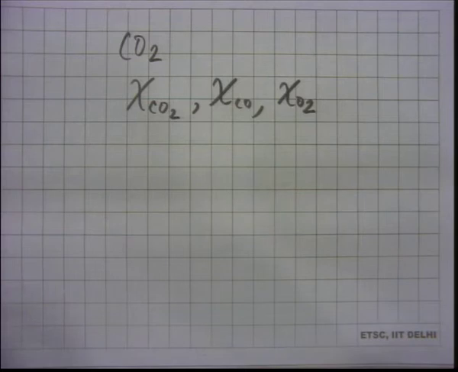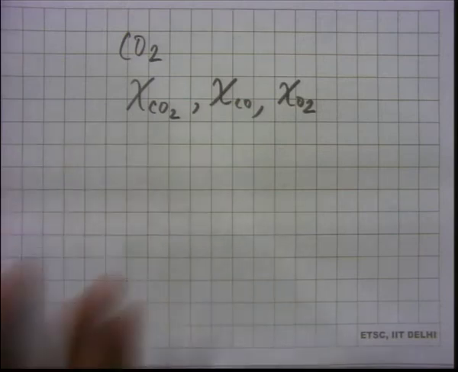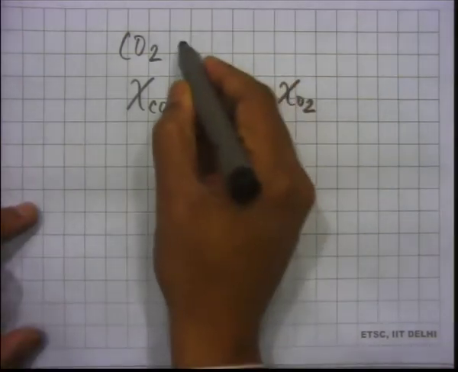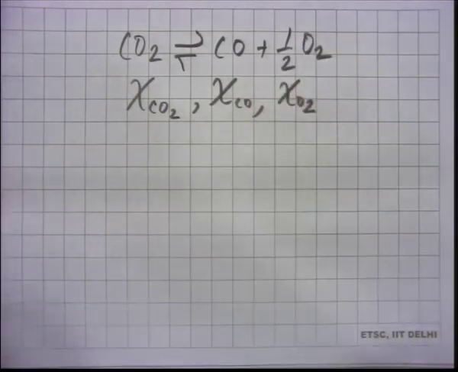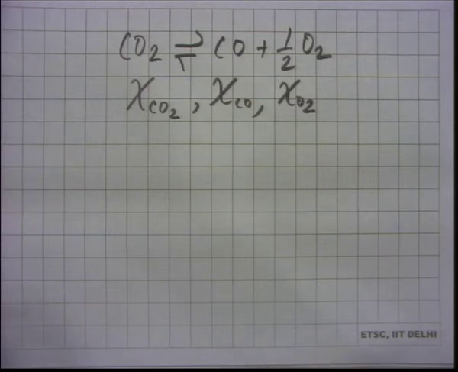Now, we immediately see that we have three unknowns to deal with, because we took CO2 at some pressure and temperature, and we expect that this CO2 will dissociate, giving you carbon monoxide and oxygen.